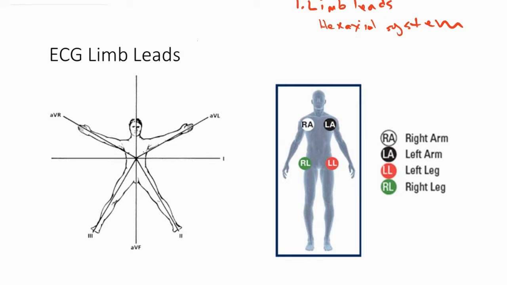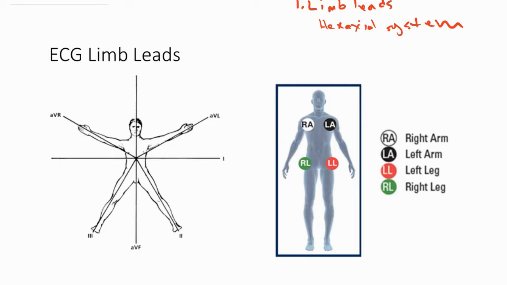Here you see a sticker with a lead placed on the right arm, the left arm, the right leg, and the left leg. These could be placed at the shoulders and the waist area, or more distally, at the hands or the feet. We tend to place them more centrally to decrease motion artifact, but essentially you would get the same results.